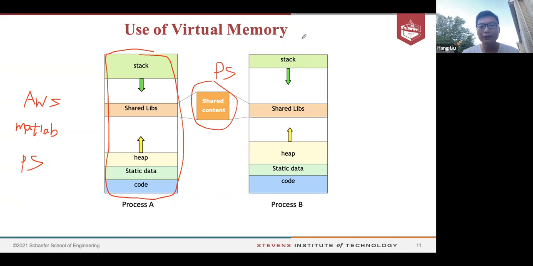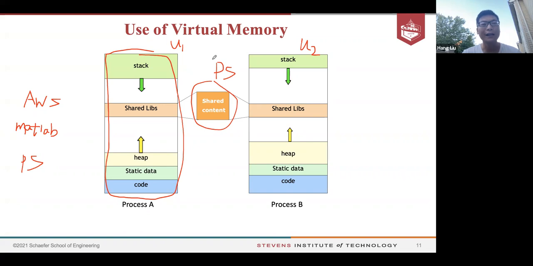Well, there's another user. This is user one. They also want to use Photoshop, because this is a service provider. Definitely a lot of people want to use this same application. So maybe the second user also wants to use Photoshop.